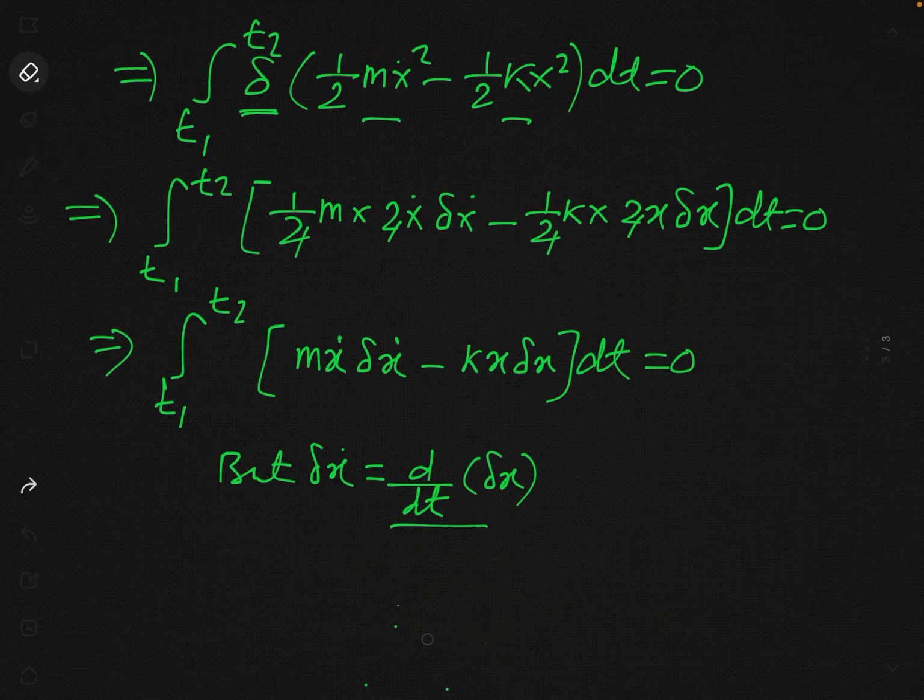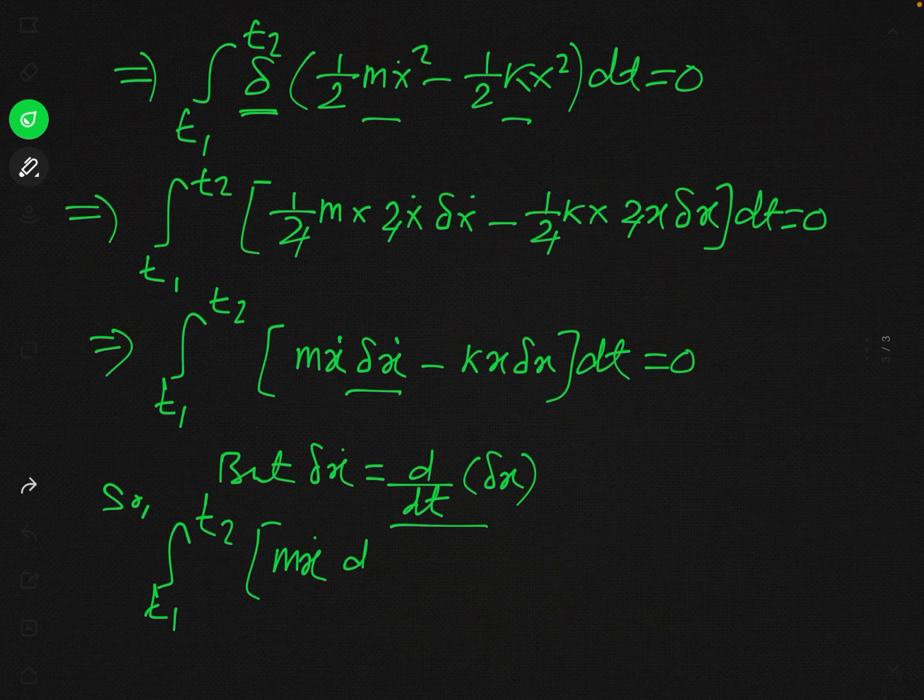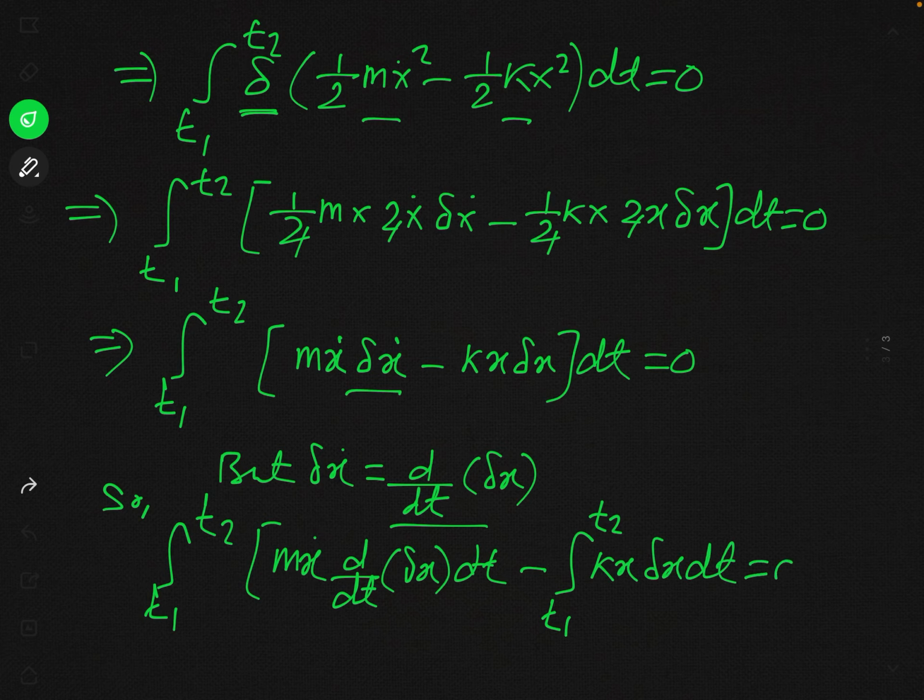So we will write integral t1 to t2 of mx dot times delta x dot, but delta x dot will now be written as d dt delta x, dt, and minus integral t1 to t2 of kx delta x dt, and this is equal to 0.